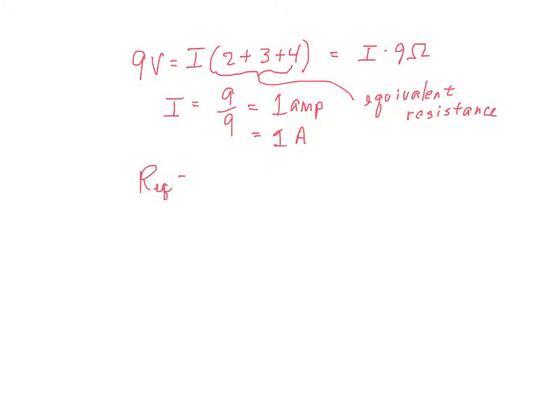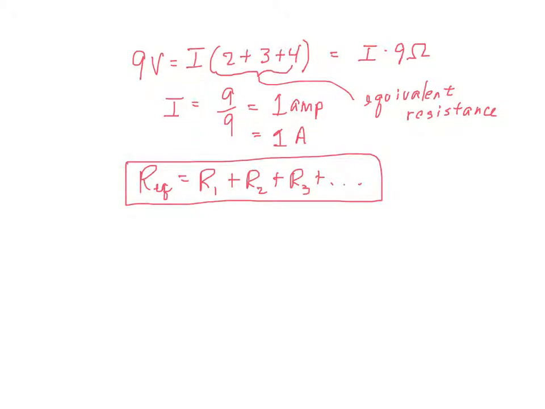R equivalent equals R1 plus R2 plus R3 plus ... as many resistors as you have in the circuit, and this is a general equation for equivalent resistance in a series circuit. So this is for a series circuit.